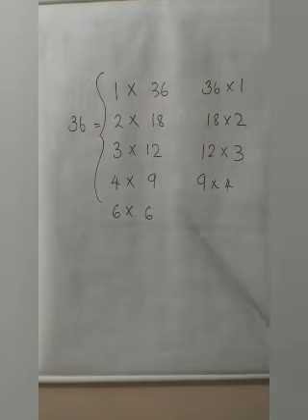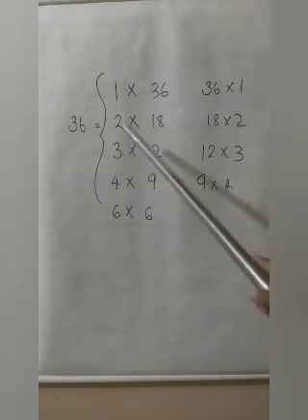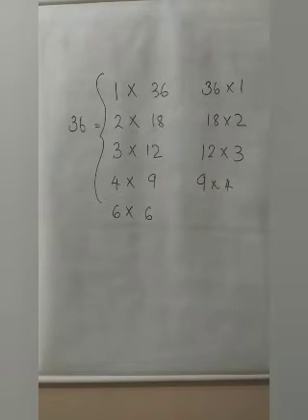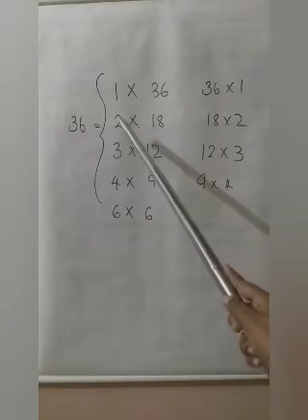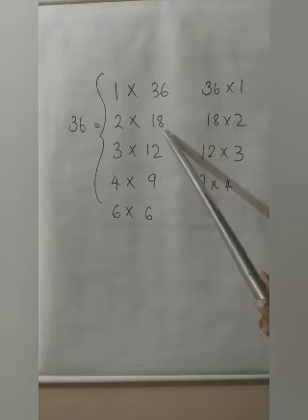Next case, 2 into 18. What type of number is 2? Yes, 2 is a prime number. But is 18 a prime number? No, 18 is composite. So here also this is not a prime factorization.